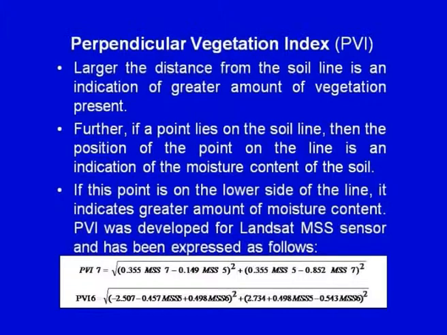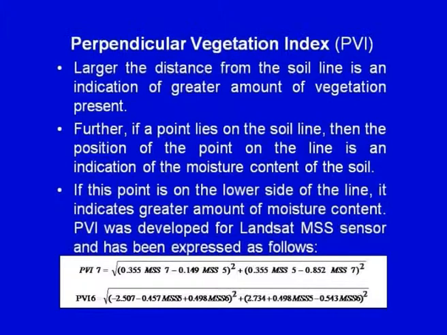Further, if a point lies on the soil line, then the position of the point on the line is an indication of the moisture of the soil. If this point is on the lower side of the line, it indicates a greater amount of moisture content.